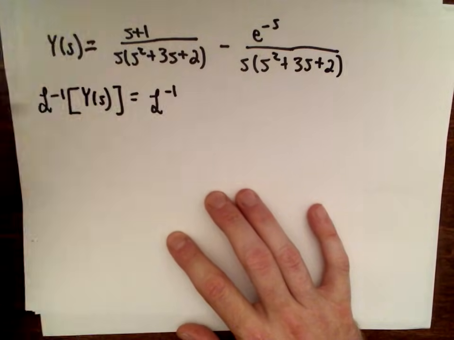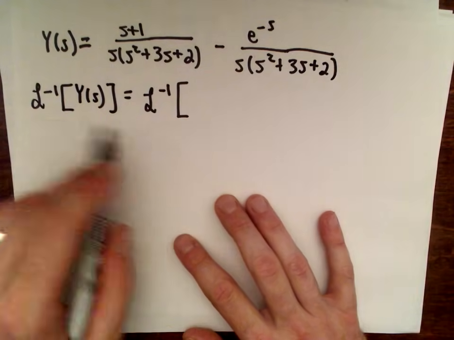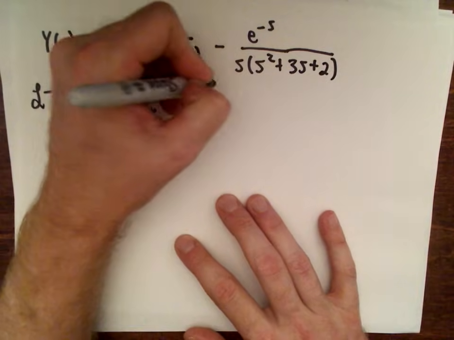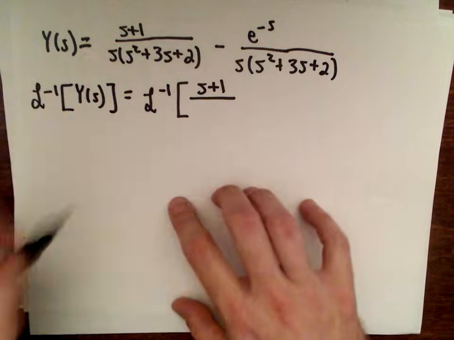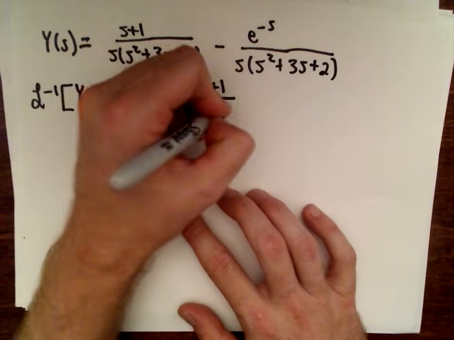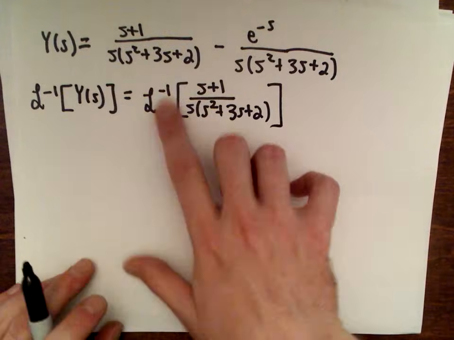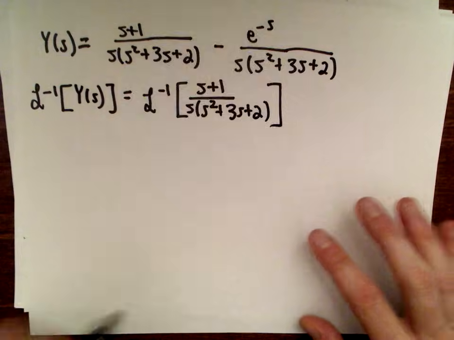We can do this in pieces because the Laplace transform is linear. And all they mean by linear is you can just break it up. Okay, so I'm just writing, hey, we're taking the inverse Laplace transform of both sides.